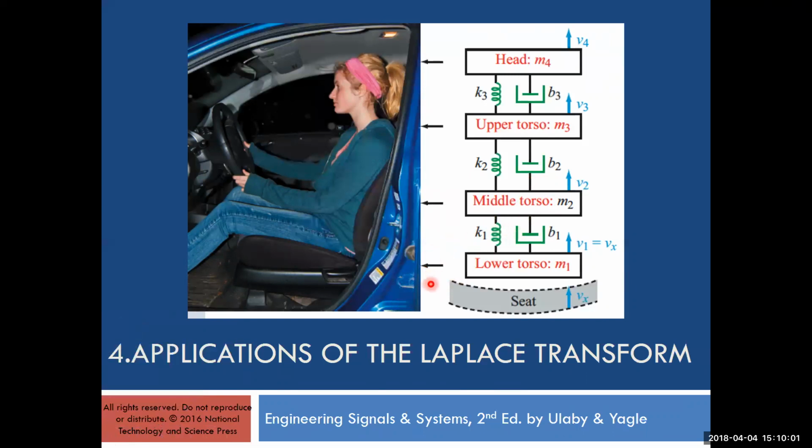So this can be used for more than just cars. Here we have a person that we want to see their response to a car seat moving up and down. So we have a lower torso, which is a mass, and human bodies are springy and also damper-like. Then you have the middle part, and that's springy and damping-like, upper torso.